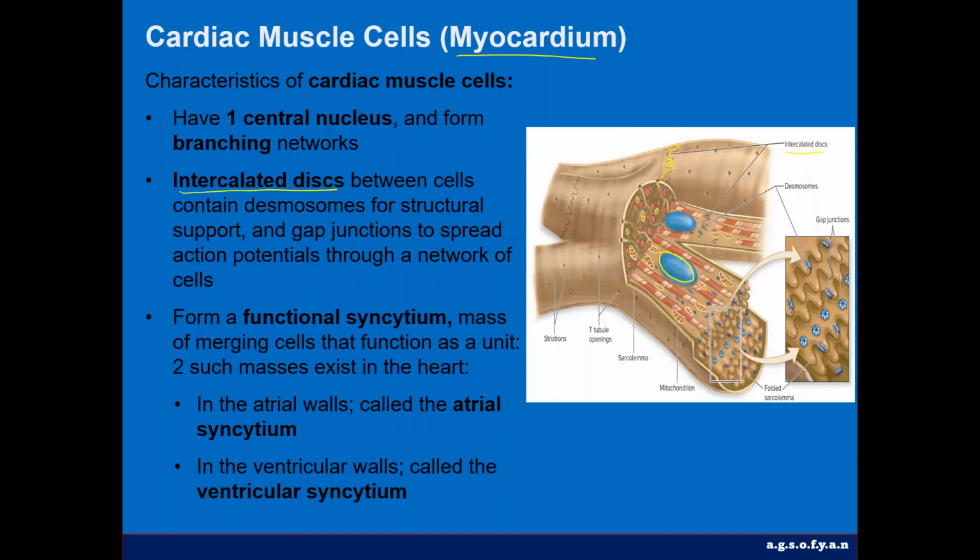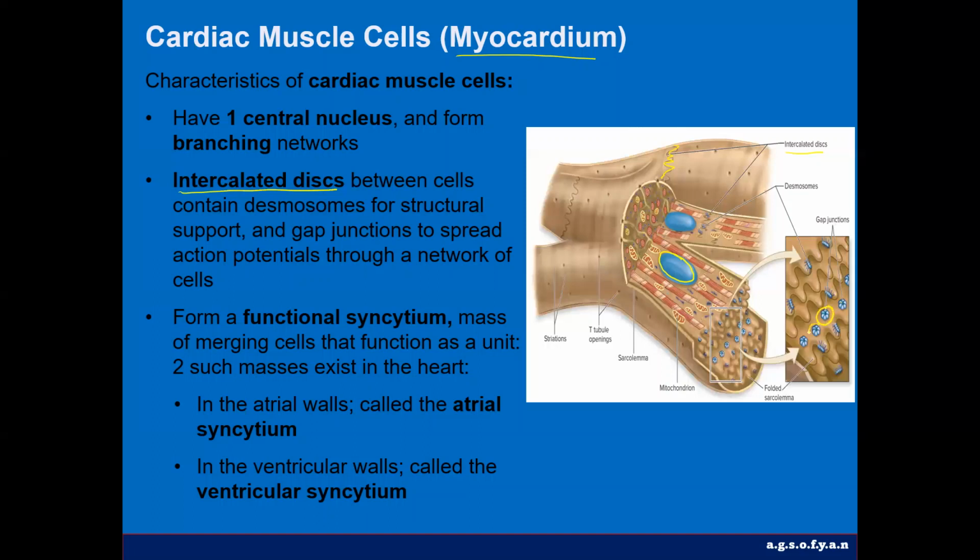In the intercalated disc, between the muscles, one cardiac muscle and another cardiac muscle actually have a connection, and they are able to exchange plasma between these two muscles through a junction called the gap junction.